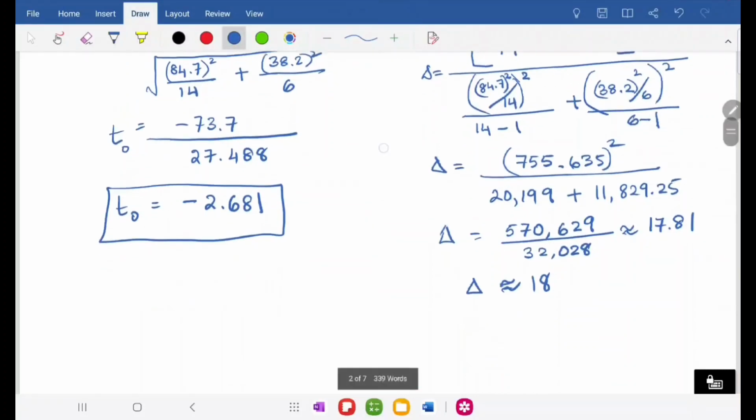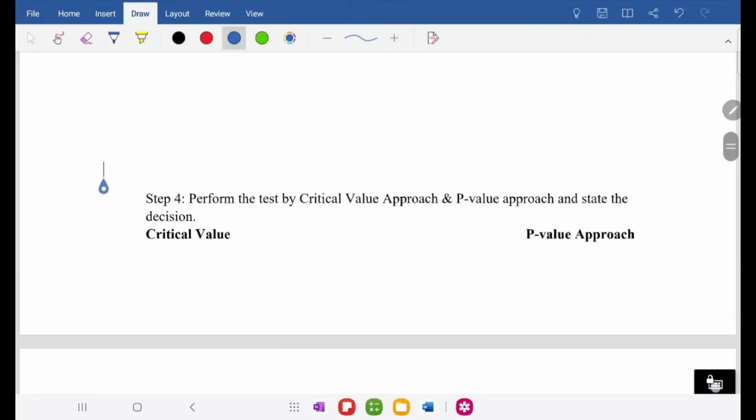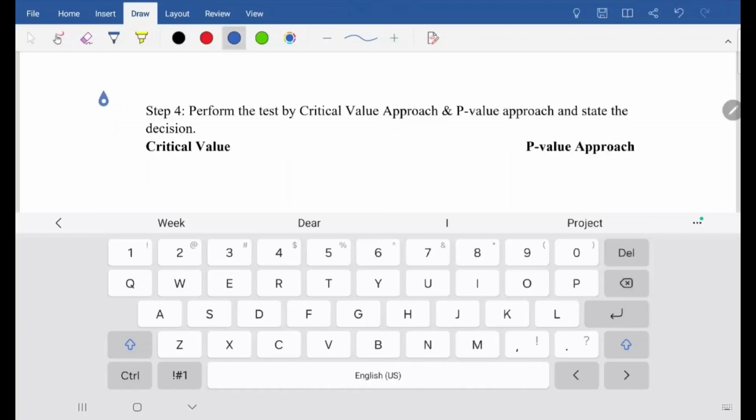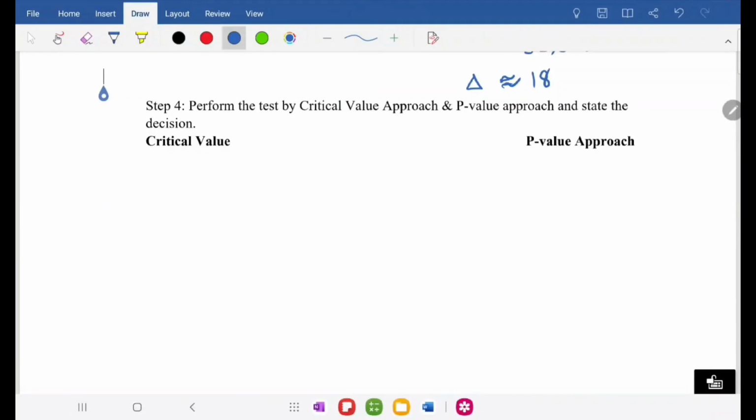Okay, so in step 4, we now use one of the two approaches. Let me make some space and move this up. Critical value approach, where we have to find the cutoff for the critical value first and draw our reject and do not reject regions. This is a left tail test, so reject is going to be on the left, and do not reject is going to be on the other side.